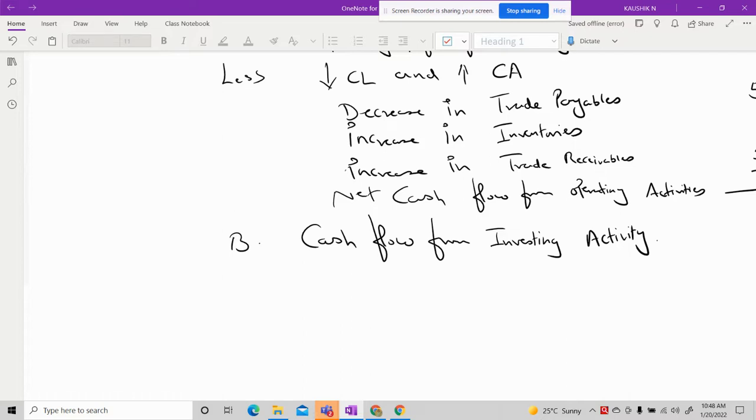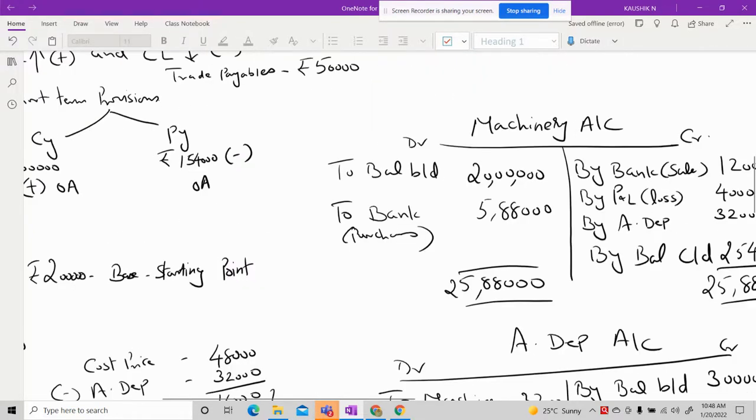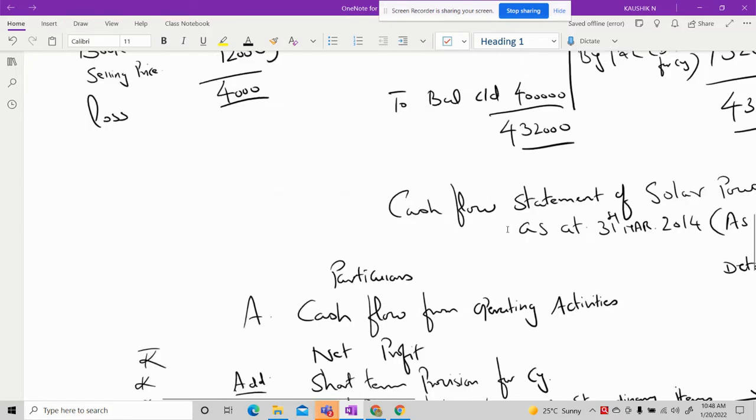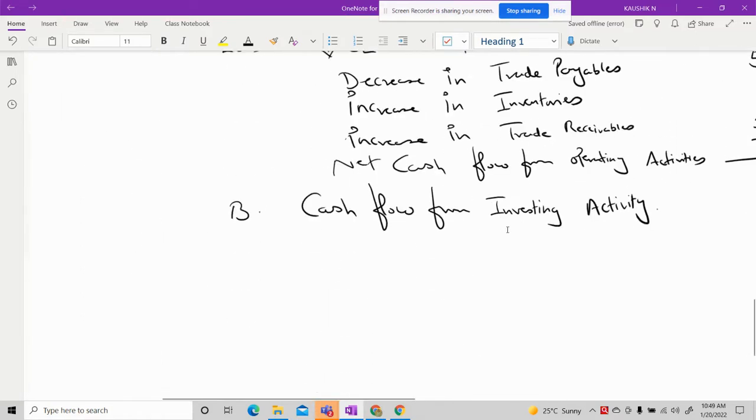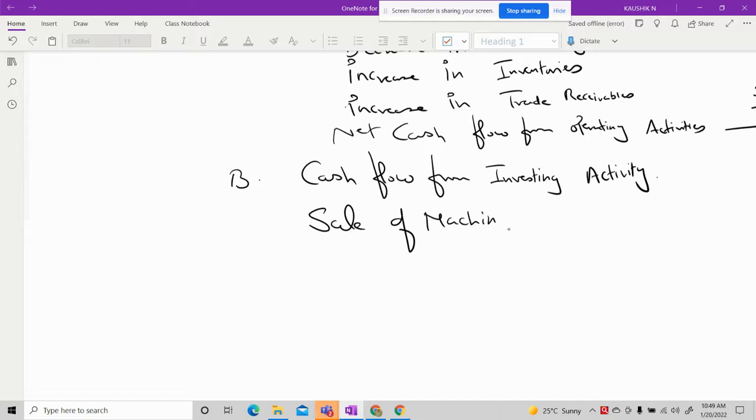How come? Let me take you back to the machinery account. Here you could see that you have done the purchase of 5 lakh 88,000 and you have also done sales. So you need to bring that into the record. So sale of machine, you have to record it here.